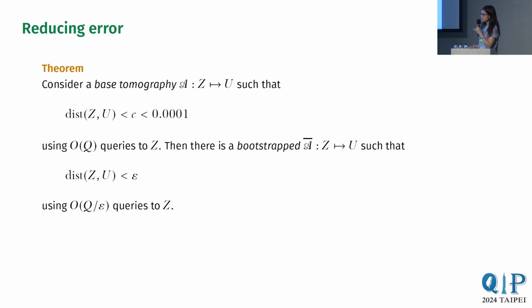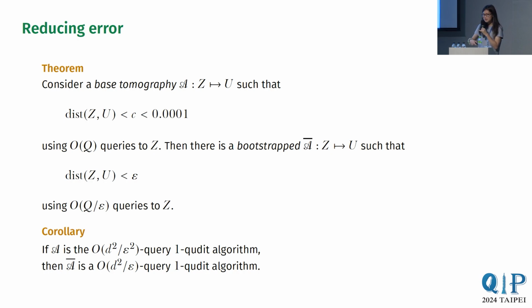So what I'm doing is I'm taking sort of a weaker algorithm and I'm making it stronger. If I apply my d squared over epsilon squared algorithm, which I discussed in the previous section, and use this to estimate my unitary to constant error, this requires d squared queries.